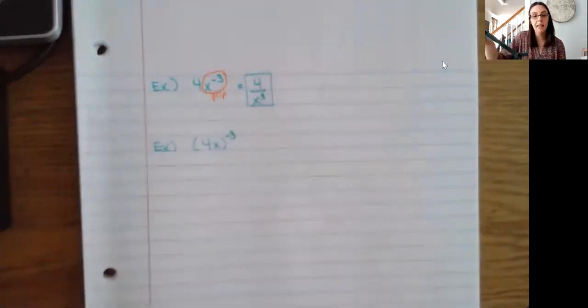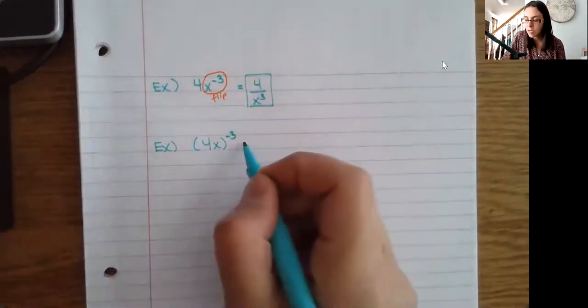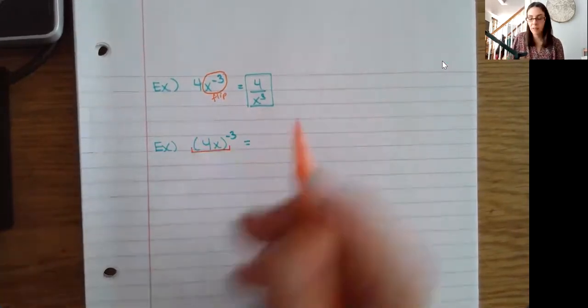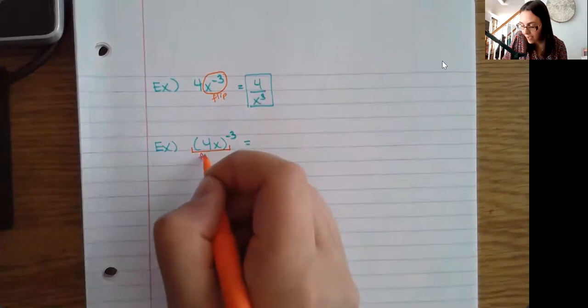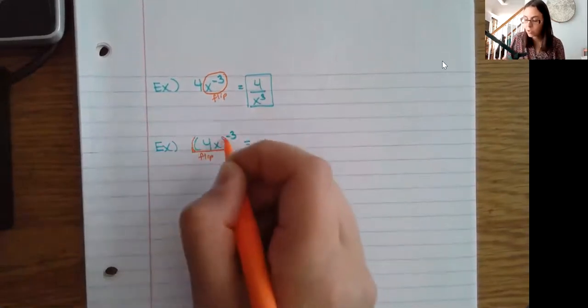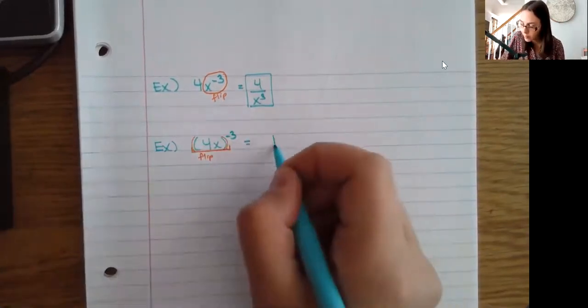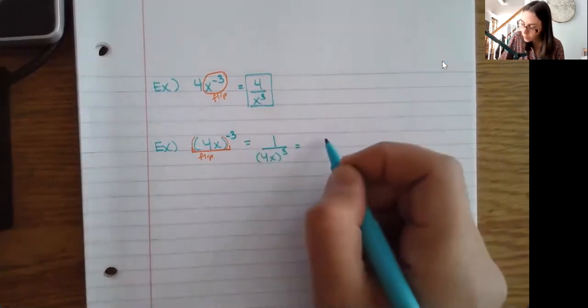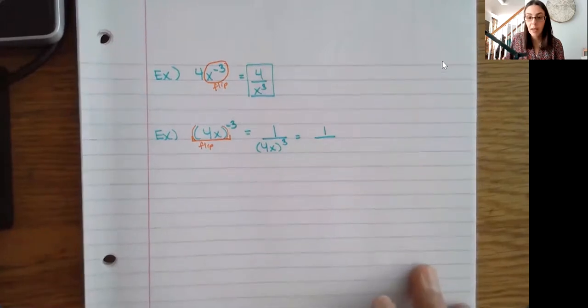If I have something like this, it's different. So notice that the whole thing is to the negative third power, right? Because I have parentheses here. So the whole thing is going to flip. And then I can go ahead and use some of my older rules to distribute, right?